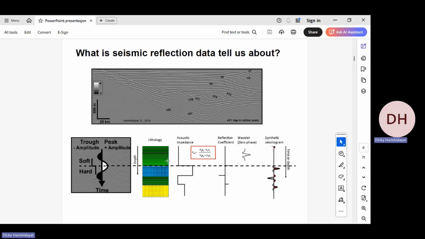In this case, the rock properties are represented by density and velocity. If you have density and velocity of layer 1 and density and velocity of layer 2, then you will have what we call the acoustic impedance. By this formula, you can get the reflection coefficient from the acoustic impedance. Convolving the reflection coefficient with the wavelet, you get this synthetic seismogram. That's what you see on the seismic reflection data.